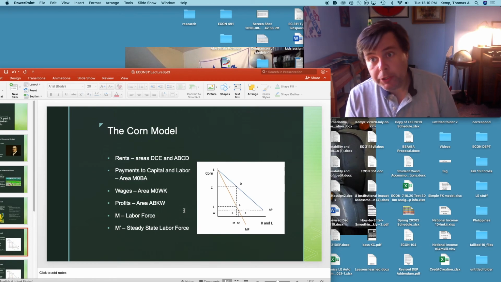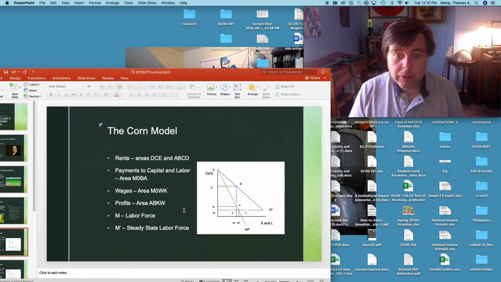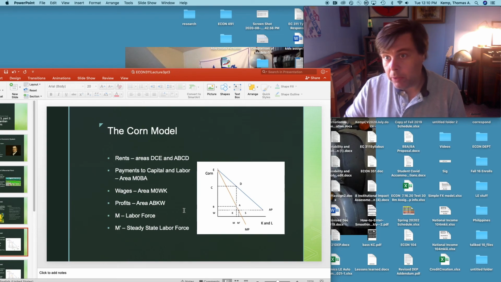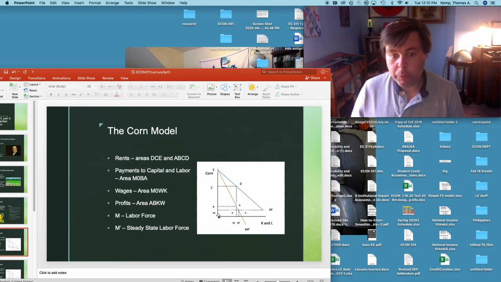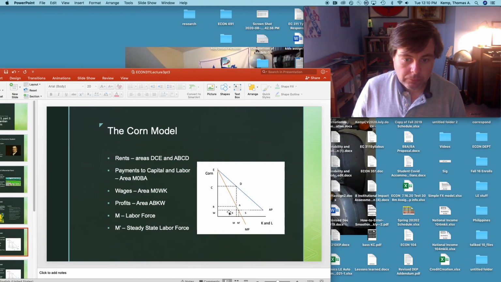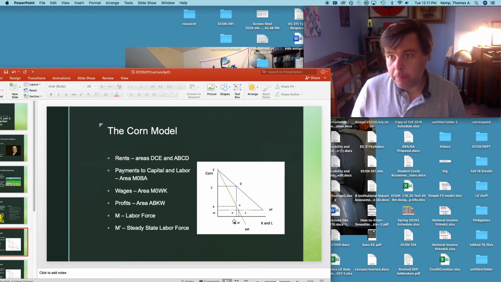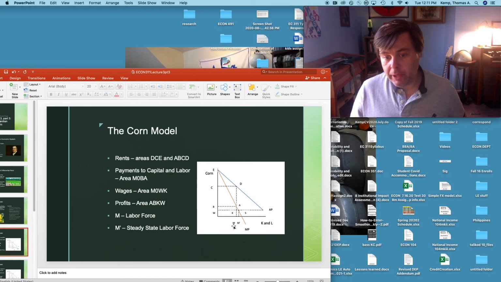We're going to say that wages tend towards subsistence, and we're going to arbitrarily pick a level, and say that this rectangular area here, MKW0, or however you want to express that rectangle, represents subsistence wage payments for M usage of capital and labor. And then, of course, the remainder, this upper box here, KWBA, becomes profits at M output.